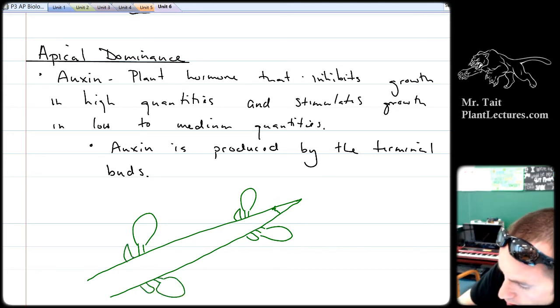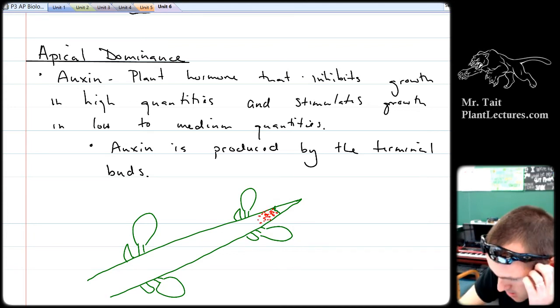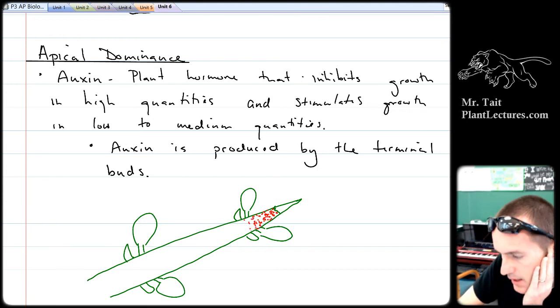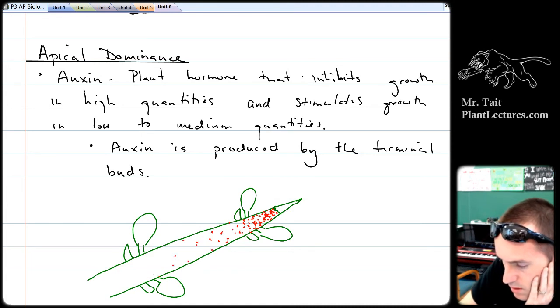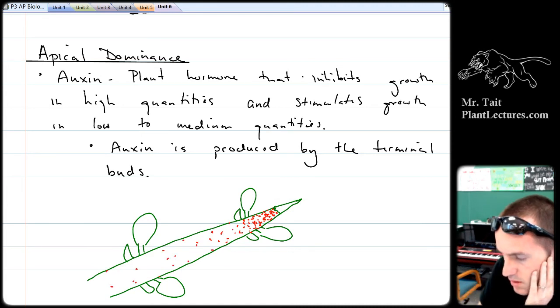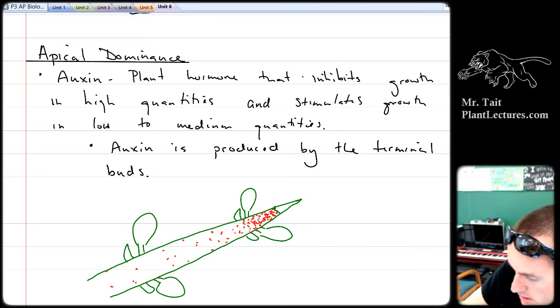Okay, so the auxin's produced up here, and it travels what we call downstream, right? And as it travels downstream, it becomes more and more diluted. Okay, there's a gradient of auxin concentration.